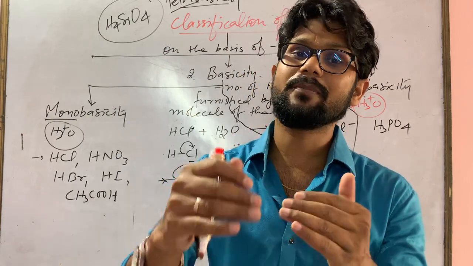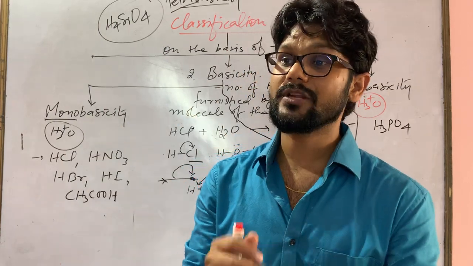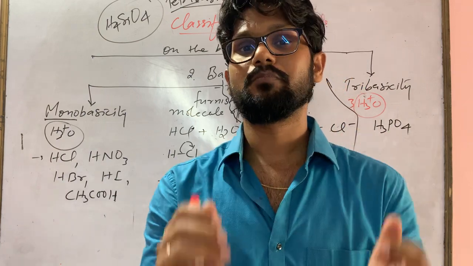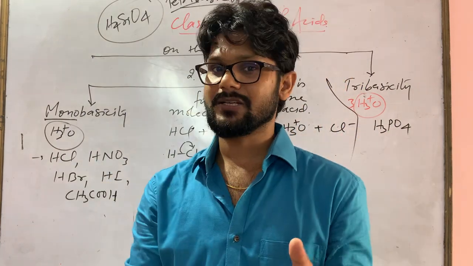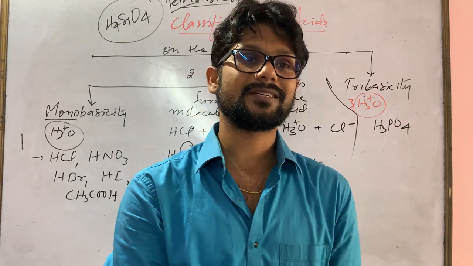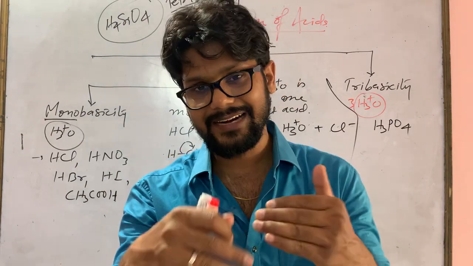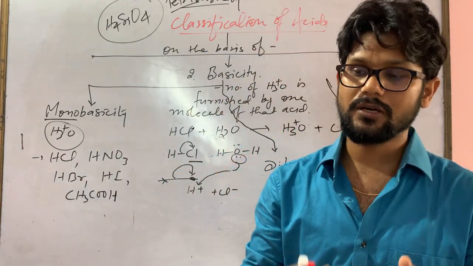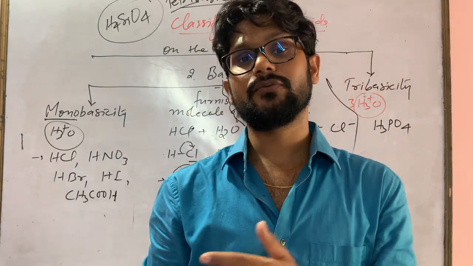If more hydronium ions are present in the solution, it is more acidic. So dilute acid is more acidic than concentrated acid, because when we add more water, it gives a higher concentration of hydronium ions.